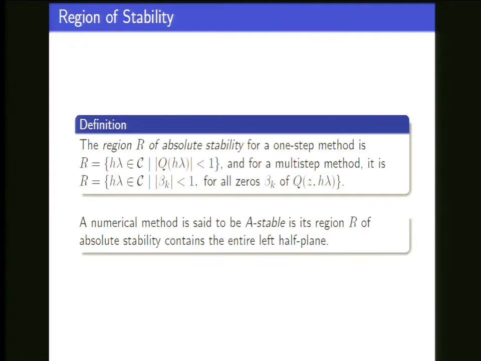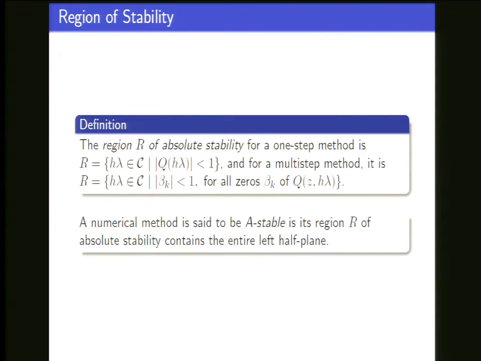And in order to solve, just like backward Euler, you have to bring it over to the left. So you get w i plus 1 multiplied by 1 minus h lambda half equals 1 plus h lambda half multiplying w i. Then you divide and you're done. So w i plus 1 equals the ratio, 1 plus h lambda half over 1 minus h lambda half, times w i. And this is Q of h lambda.